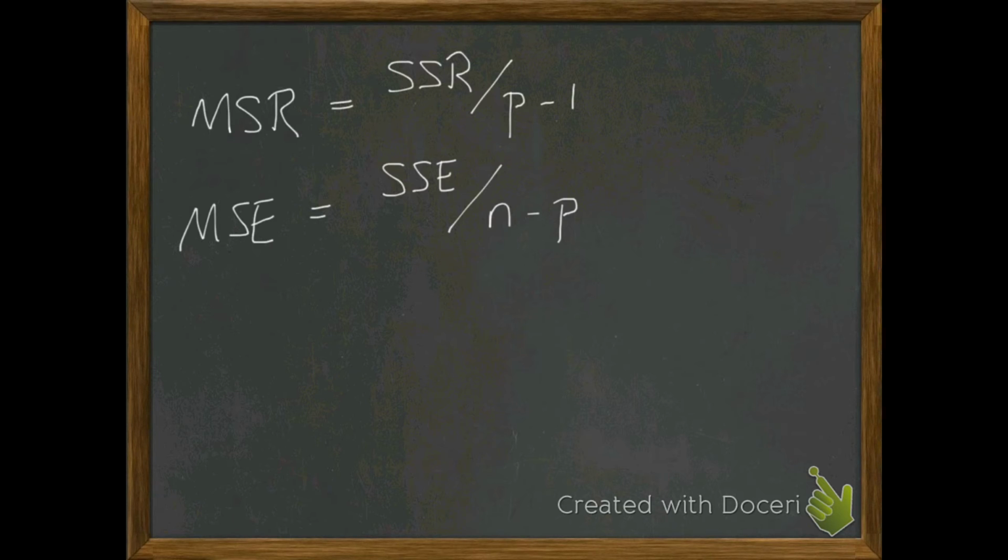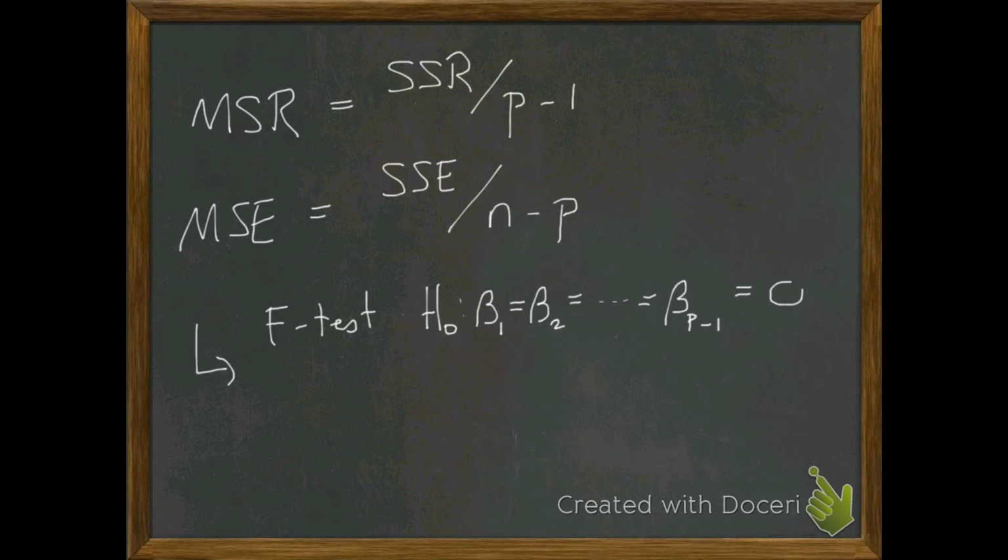Now, from this, we could obviously do an f-test. I don't think I've officially stated what the f-test does. I know I have it in multiple regression. The null hypothesis says that beta 1 equals beta 2 equals beta sub p minus 1, that all of the coefficients are equal to 0.